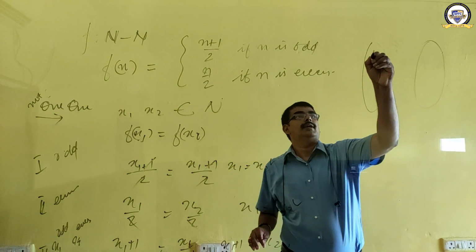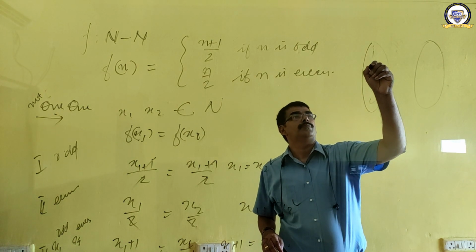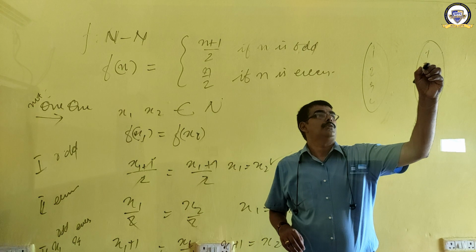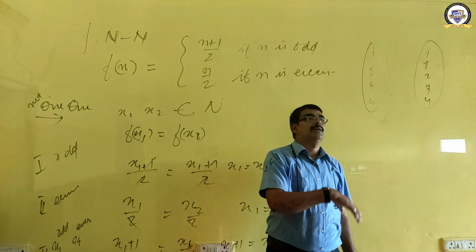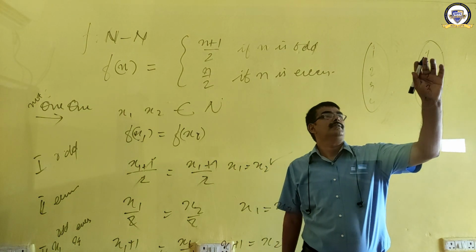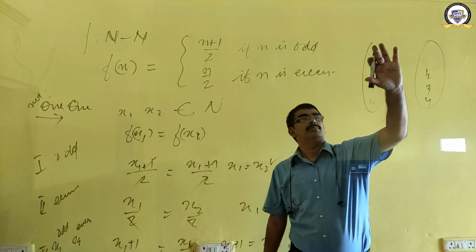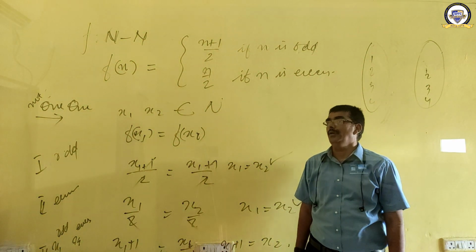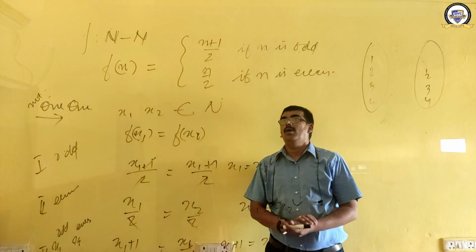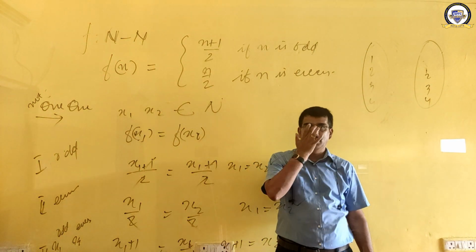Draw Venn diagrams here. Sorry, this is natural numbers versus natural numbers, so 1, 2, 3, 4 on this side and also 1, 2, 3, 4 on this side. Now n is odd.